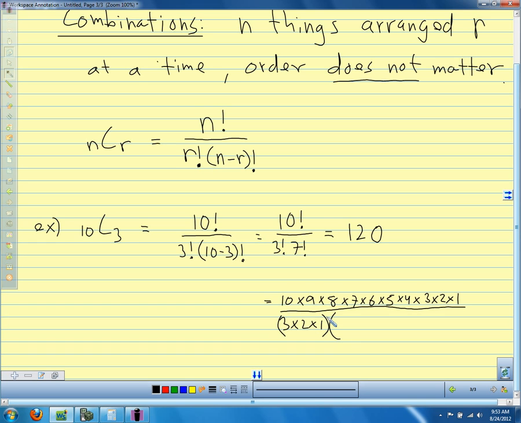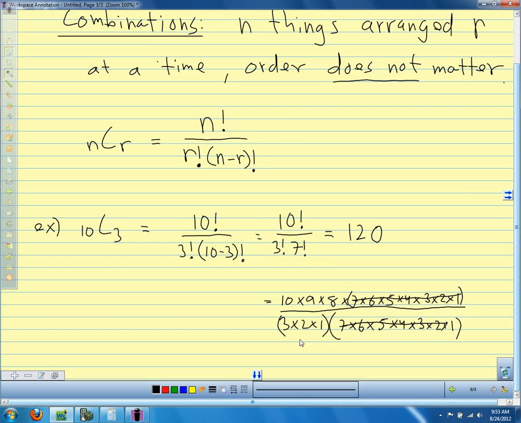And then I'm going to do 7 factorial. So what's going to be the best one to cross out here? The 7, from 7 down to 1. So let's cross that out.